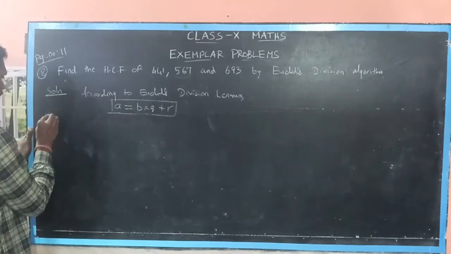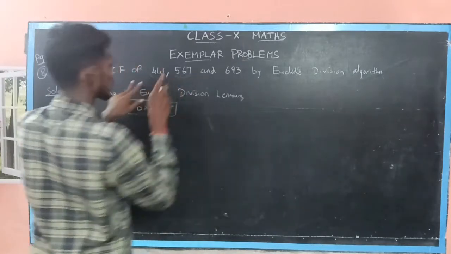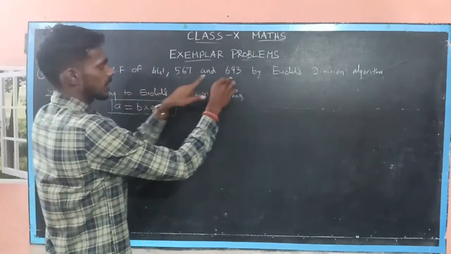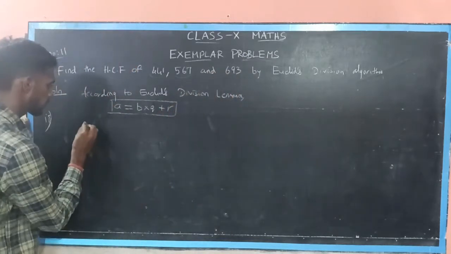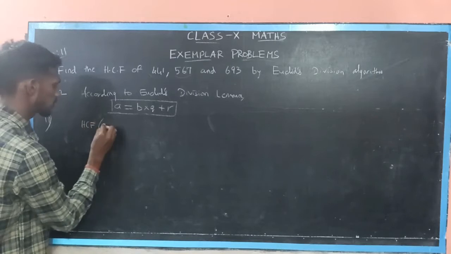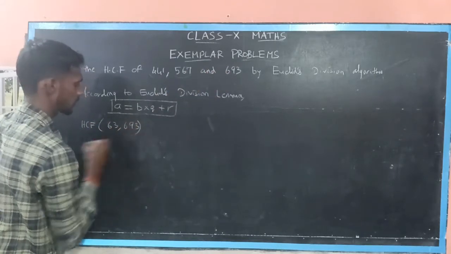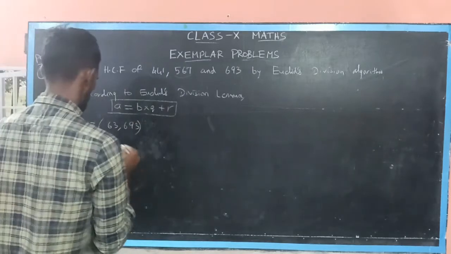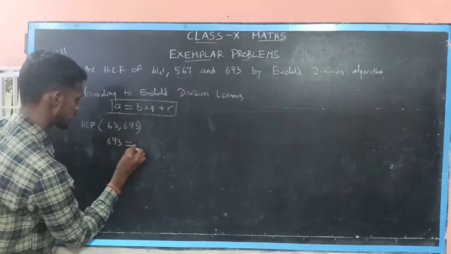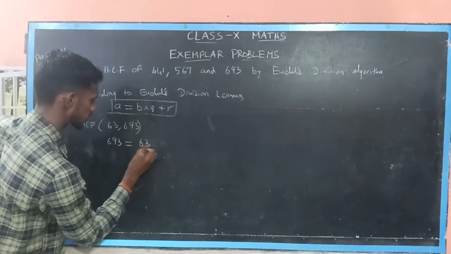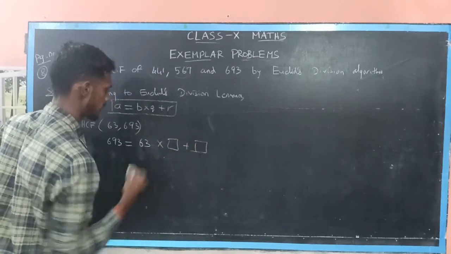In the second step of this solution, the HCF of these two numbers is 63 and the third number is 693. So I am going to find the HCF of the numbers 63 and 693. Then A takes the larger value, which is 693, and B takes the smaller value, 63, into some quotient value plus some remainder value.